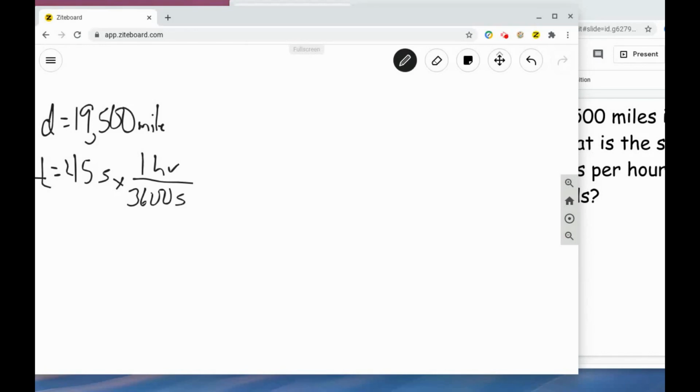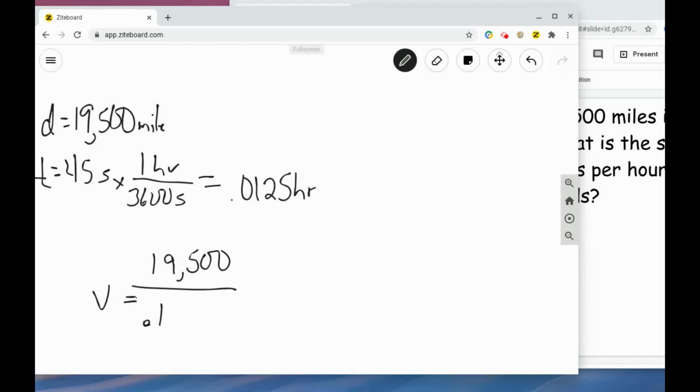So if we do 45 divided by 3,600, we get 0.0125 hours. So now to find our velocity, we'll take the distance of 19,500 over 0.0125 hours. This was miles.